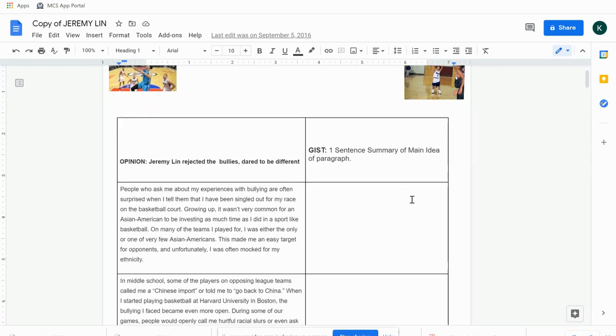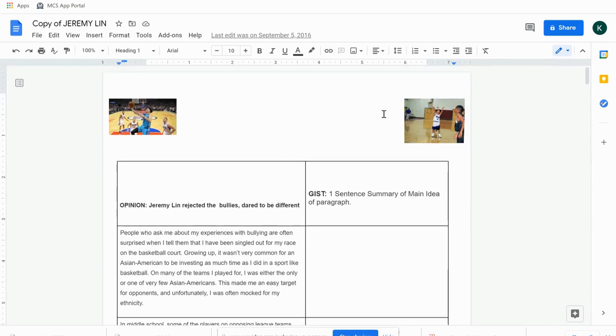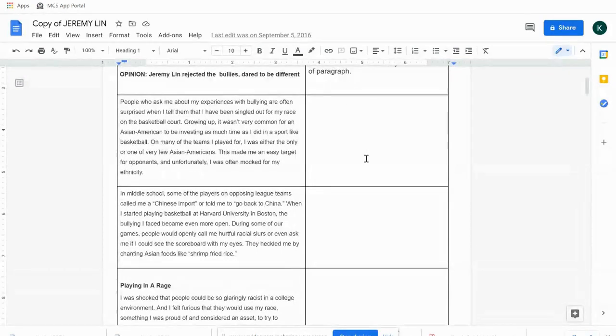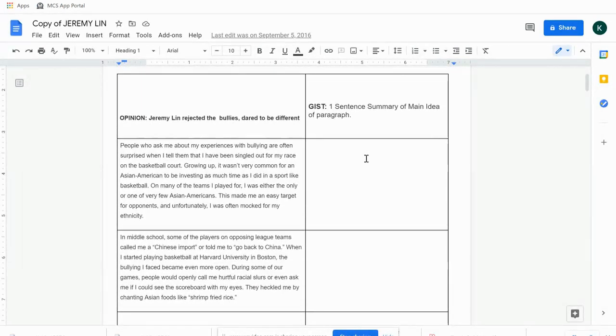Instead of giving my students, and this is Jeremy Lin here, the entire article, because I saw that they were having some difficulty and getting very overwhelmed. In Newsela, there is a section where you can assess students.